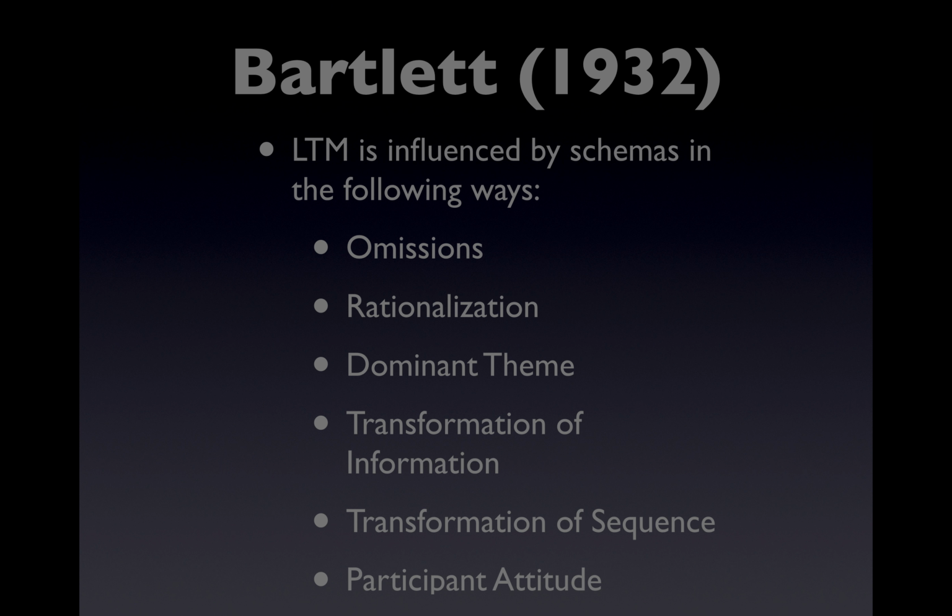So for instance, they would omit information that maybe didn't make sense to them, or maybe that was unpleasant. At the beginning of the story, there's a couple of braves, and they're going down to the river to hunt seals. And so, oh, baby seals, we don't want to think about them being hunted, so maybe I just kind of omit that from my recounting of the story.